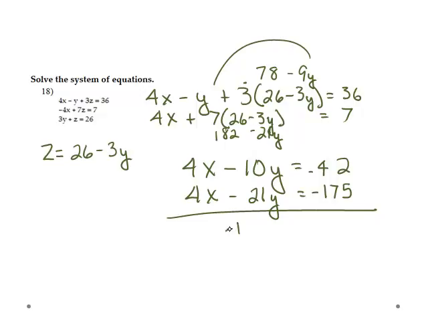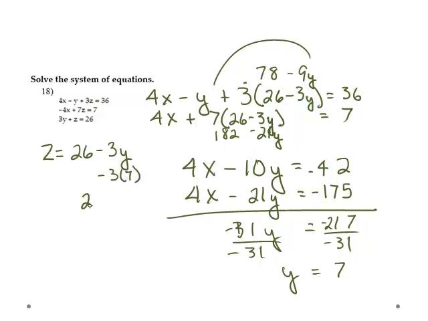This is negative 31y equals negative 217. Divide both sides by negative 31. We get y is 7. If y is 7, then 26 minus 21, z is 5, and we have to find x.